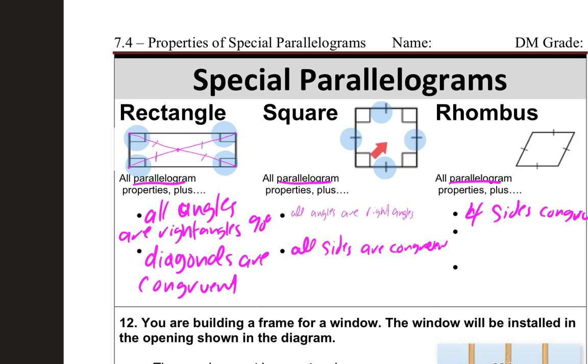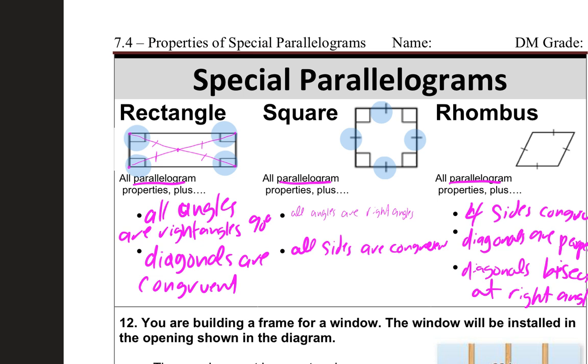That's why this is different. But we can also say these things: the diagonals are perpendicular, and the diagonals bisect at right angles.